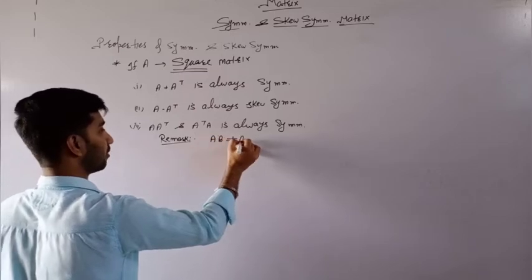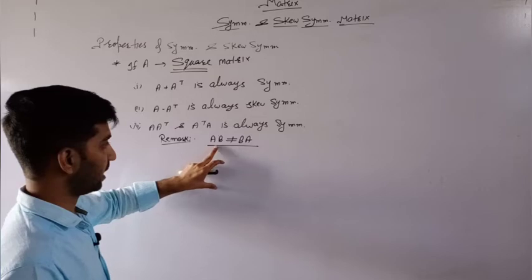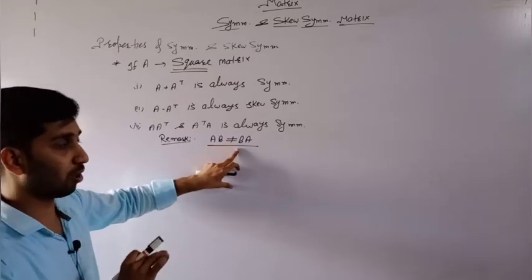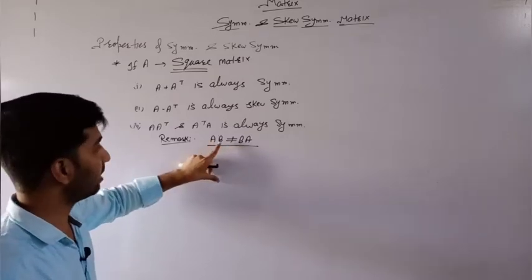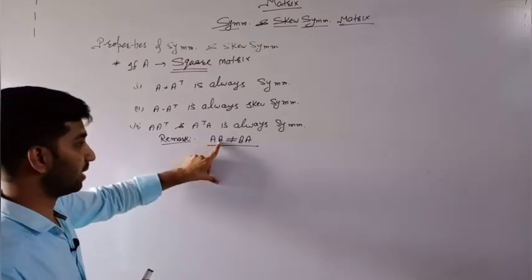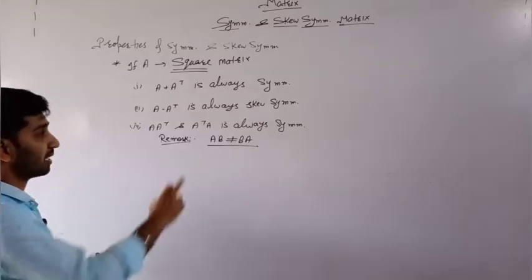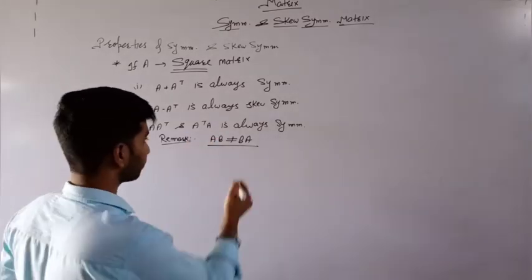Remark here: AB is not equal to BA. The product of matrices does not obey the commutative law. If the product of two matrices A and B is possible and BA is also possible, it is not necessary that AB is equal to BA.